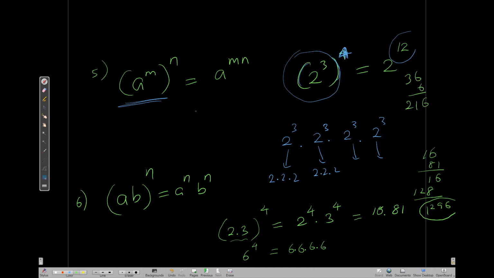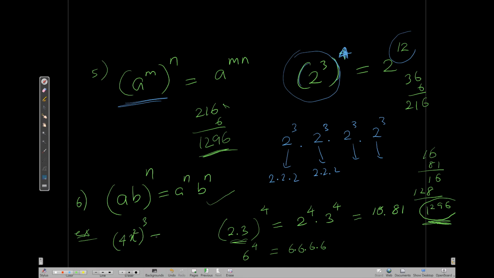And 216 again times 6. Let's see whether we are getting the same. See, same. So this works. That is helpful, especially in examples like this, not with numbers like this, but (4x squared) cubed.